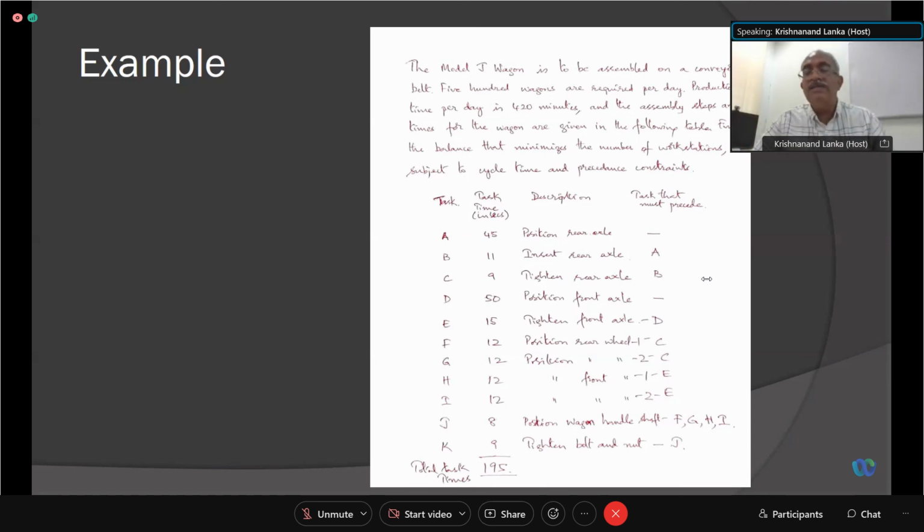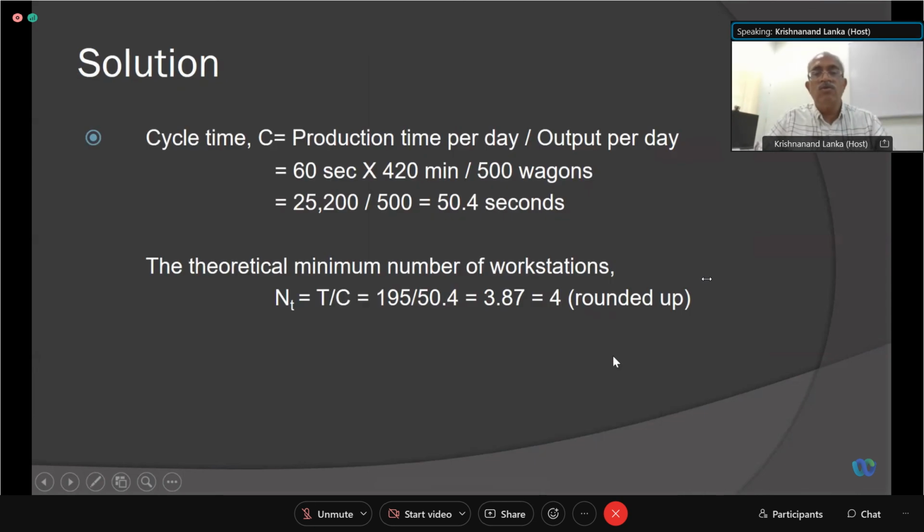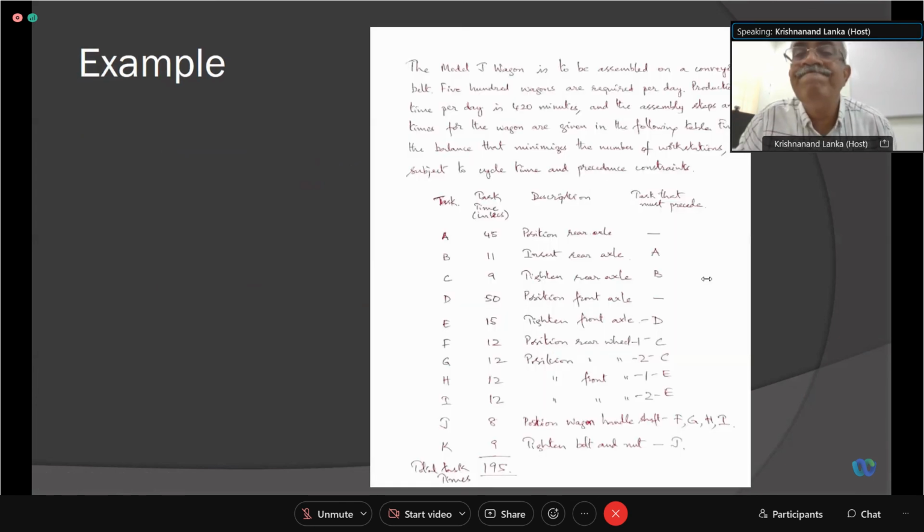Right? So the total task time is 195 seconds. For this, here you can see the cycle time is production time per day divided by output per day. So here we said 60 seconds times 420 minutes divided by 500 wagons, because we require 500 wagons.